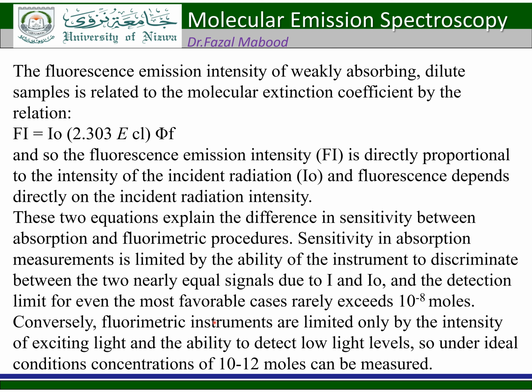Fluorometric instruments are limited only by the intensity of exciting light and the ability to detect low light levels. So under ideal conditions, concentrations of 10 raised to the power minus 12 moles can be measured.